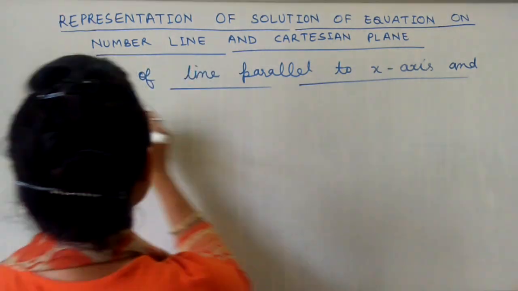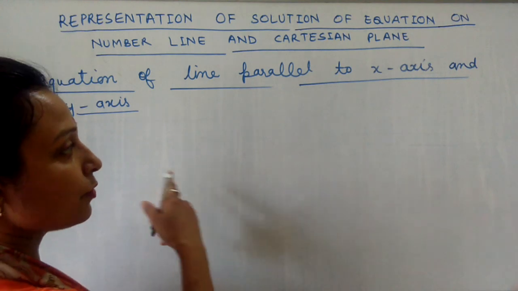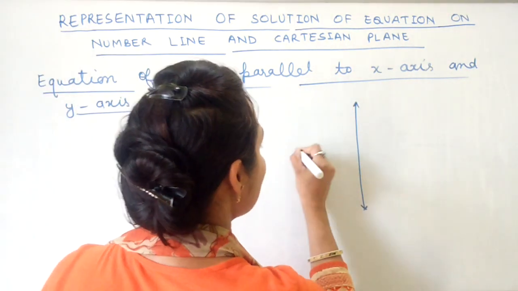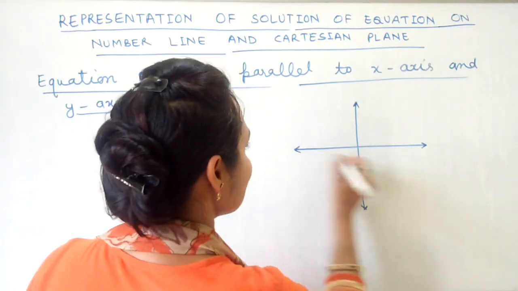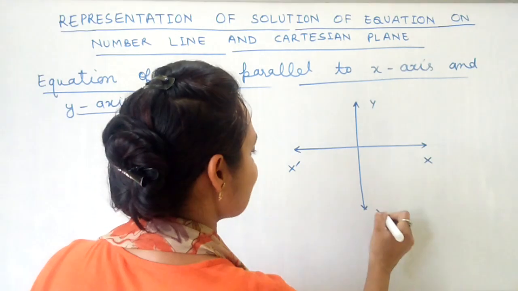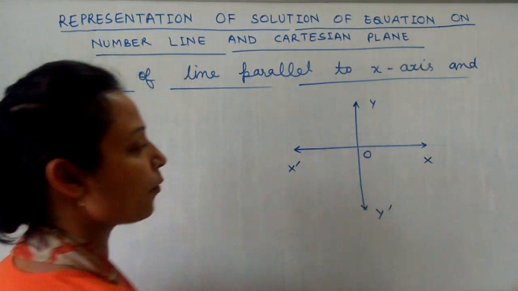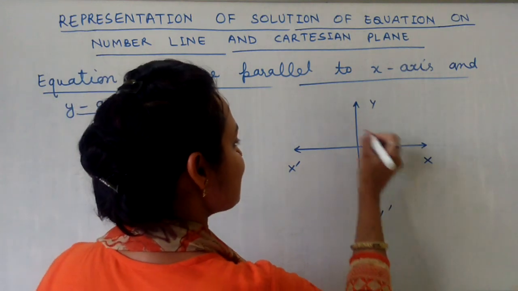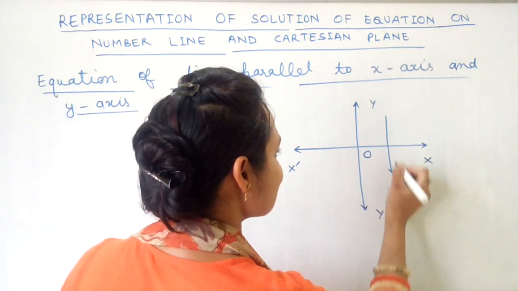Before starting anything else, we have to do this one. There are the axes, y-axis and x-axis. X dash, this is y and y dash. This is 0, origin. If a line is parallel to the y-axis, that is like this.